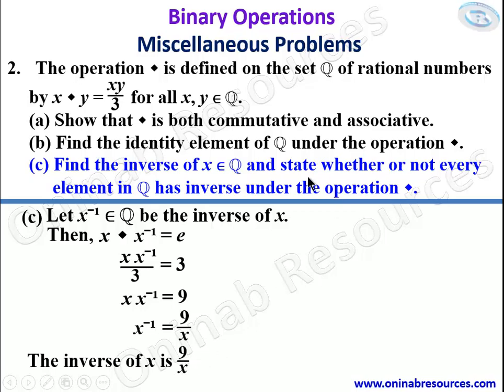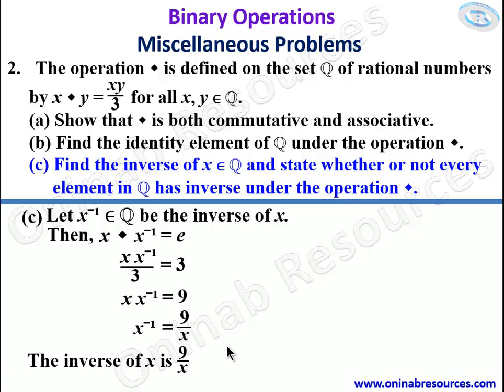The question went further to say we should state whether or not every element in Q has inverse under the operation. So we can see now that if x is equal to 0, the inverse of 0 at that point does not exist, since it is not possible for you to divide 9 by 0.